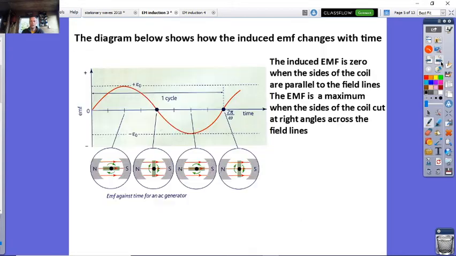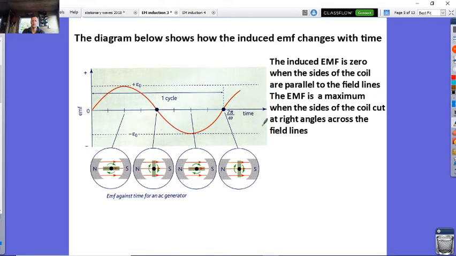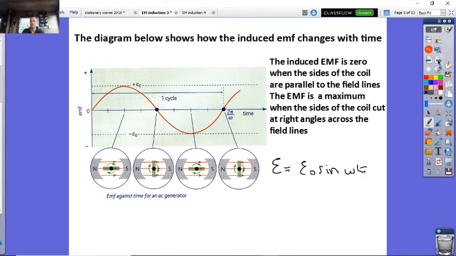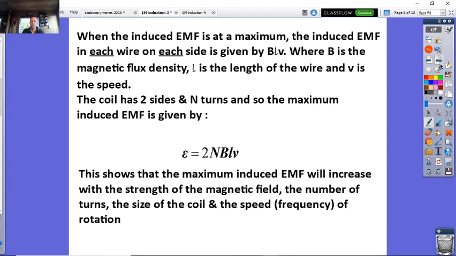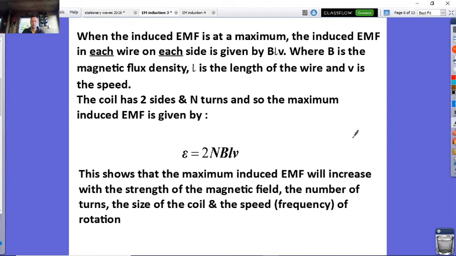Now, to answer then, there's the EMF being induced going down like this, and that follows the equation E equals E naught sine omega t, like I showed in the previous slide. Now, this came from the equation before. We saw in a wire that's moving, the EMF was going to be BLV, where V is the velocity.